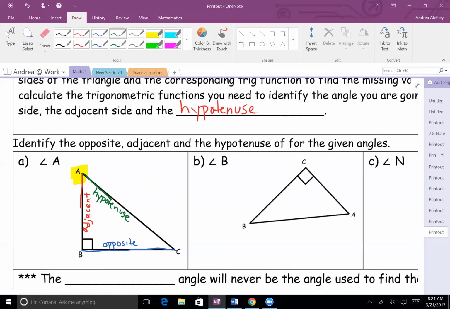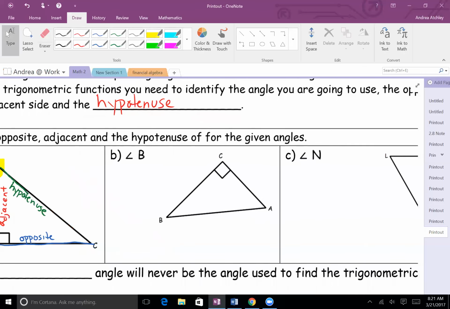Any questions over that? Okay, let's do the next one. So over B, we want to look at angle B, which is right here. I'm going to color them.